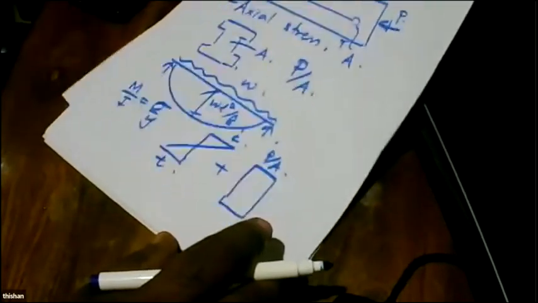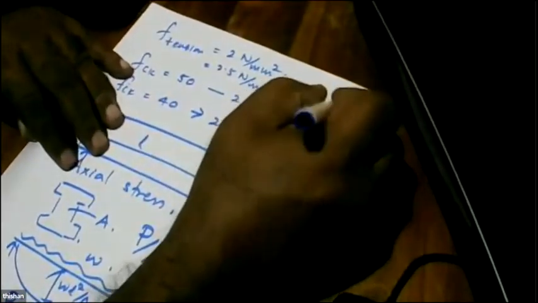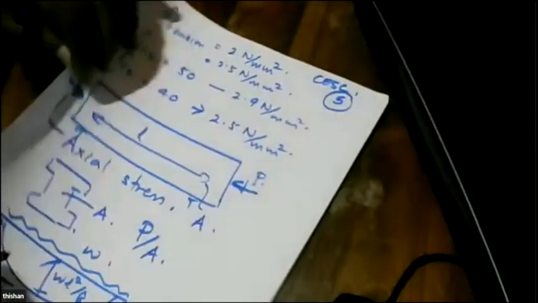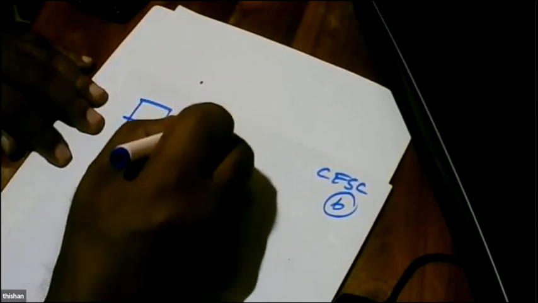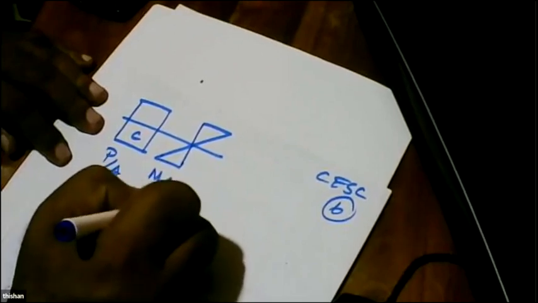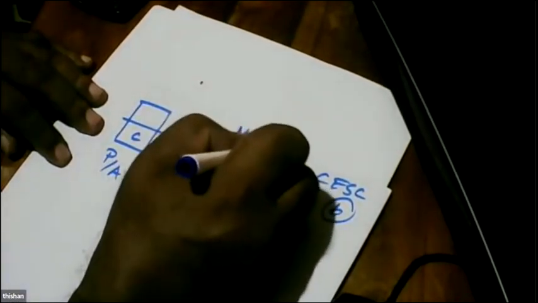So we can easily think about it like this: P over A, and so there is compression. If we say compression is positive, we can get M over Z2, M over Z1.